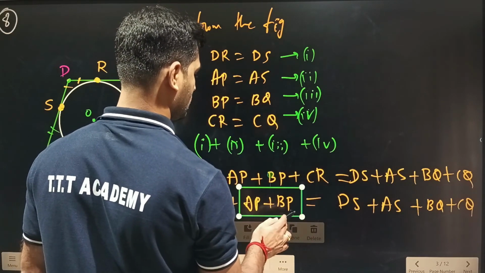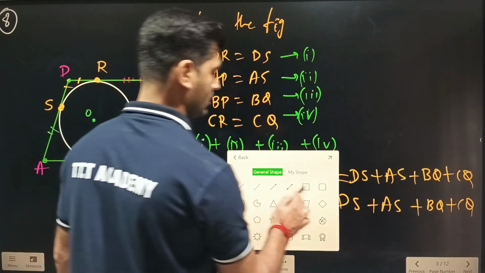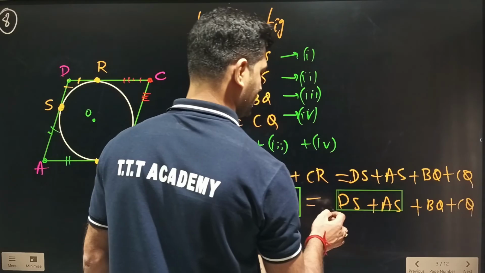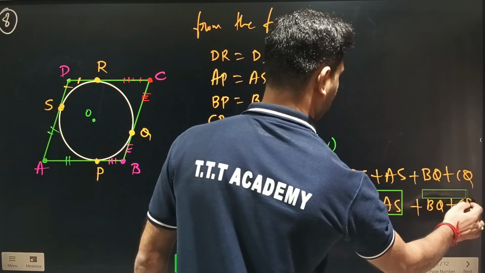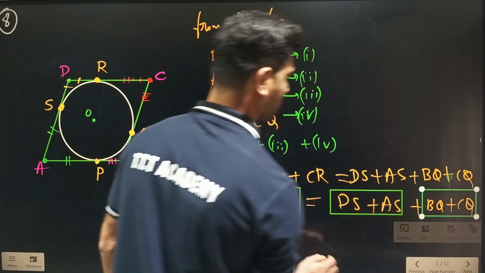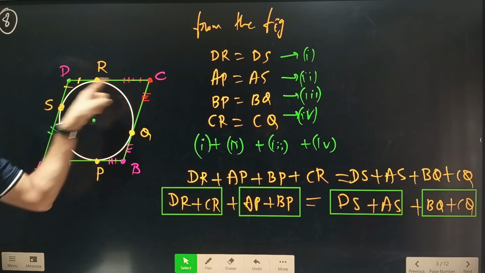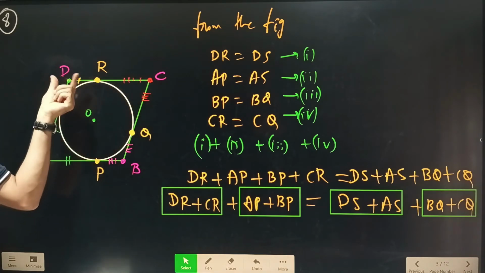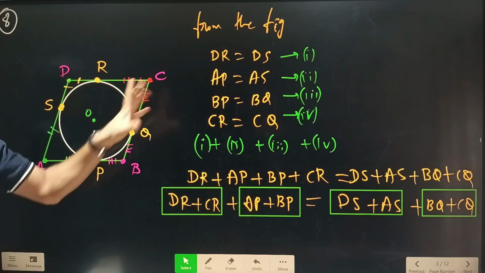Clear? Similarly, consider one more: AS plus DS as one thing, and one more is BQ plus CQ. Now DR plus CR, what is it? By adding DR plus CR, I can say it is CD or DC.